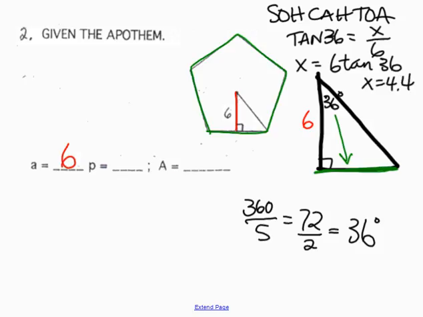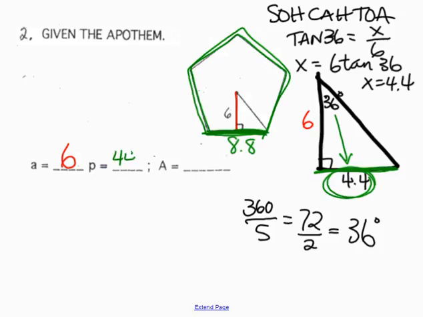So this measurement right here is 4.4. Now remember, that's half of this side right here. So if I want the whole side, I'm going to take the 4.4 and double it. So I get 8.8. Now I can figure out the perimeter of this whole shape by multiplying 8.8 by 5. So the perimeter ends up being 44.